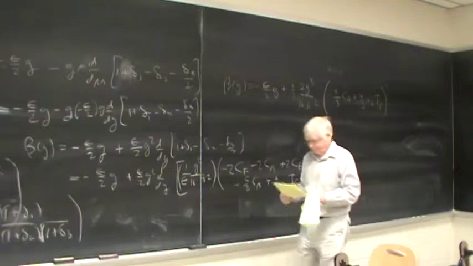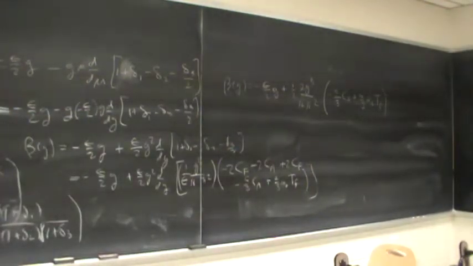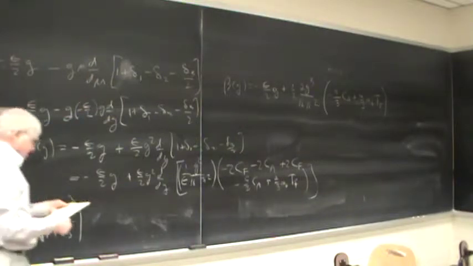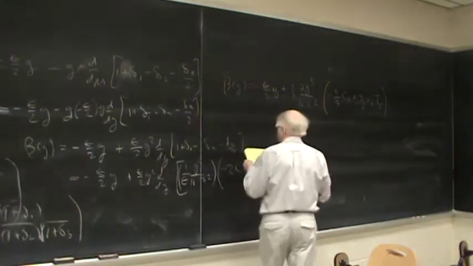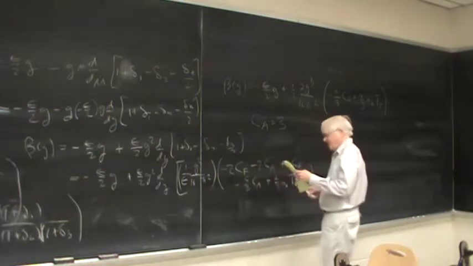Okay, well, what is C_A? C_A is just the number of colors, 3.